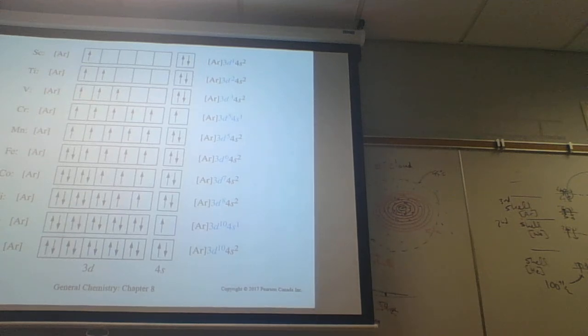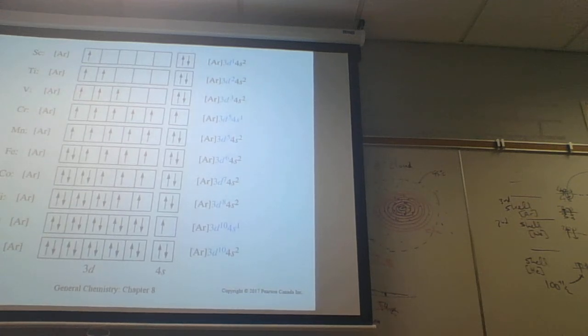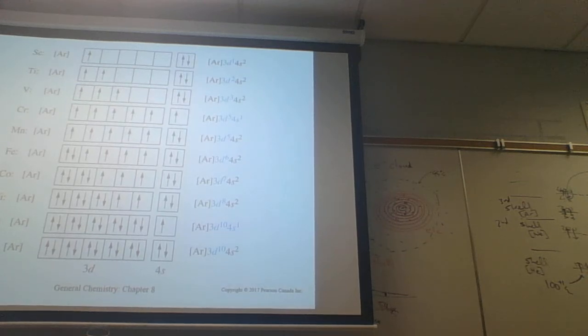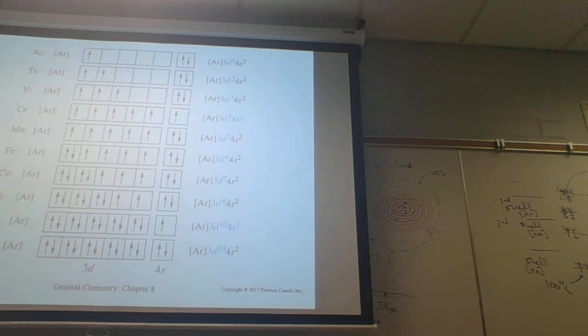When we run into copper, we have this situation where the electron configuration is argon 4s2 3d9, or argon 3d9 4s2. Now, if you think about D9, when I think about D9, this is what I think.